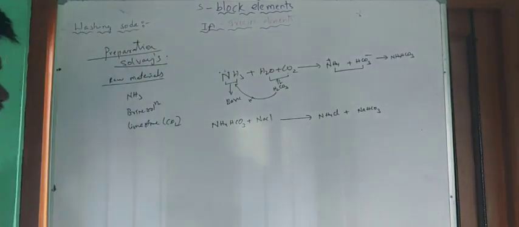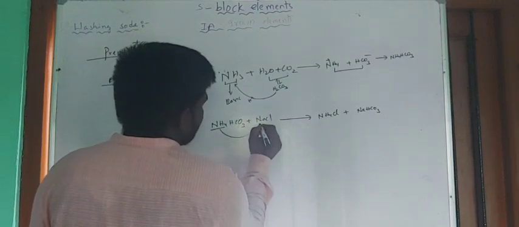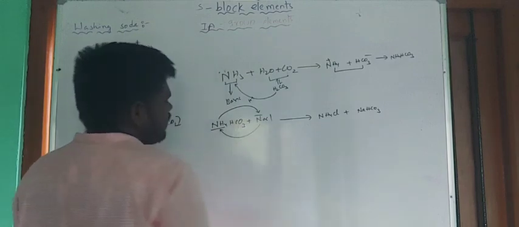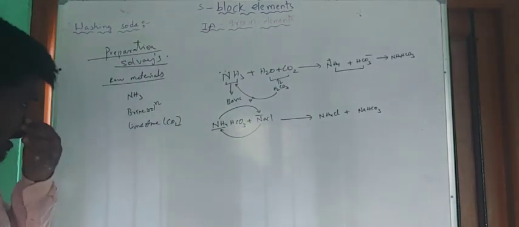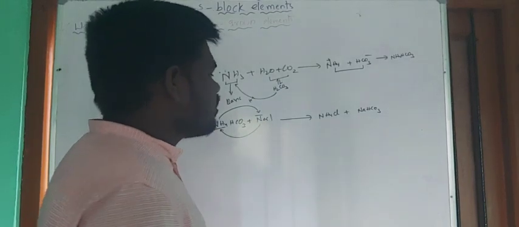This is an example of a double displacement reaction. Here the NH4 place is occupied by Na and the Na place is occupied by NH4, which is a double displacement reaction. So here we get NH4Cl and NaHCO3.